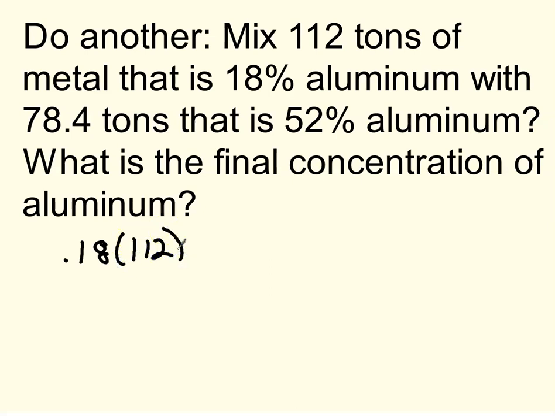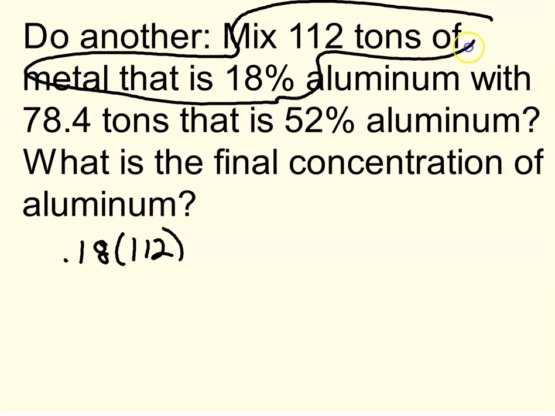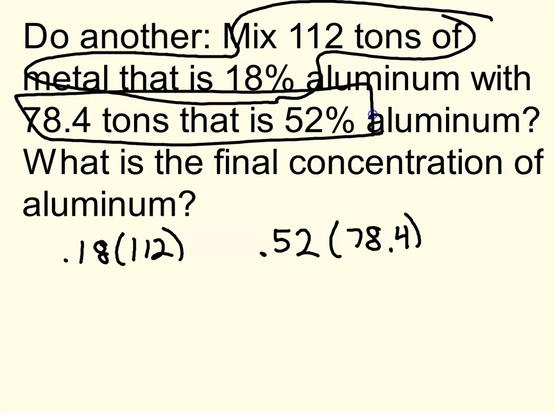That's how much aluminum is in the first part. And I've got 0.52 times 78.4. That's how much aluminum is in the second amount.